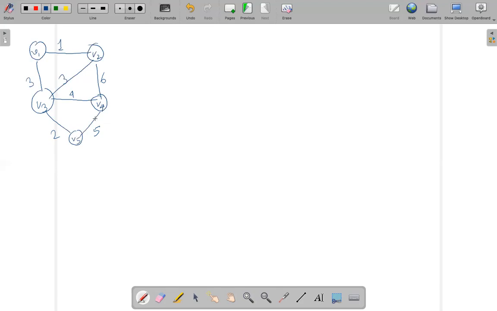Okay, so in this way we can start the procedure that our vertex V1 is selected. Okay, the first vertex to be selected is V1.